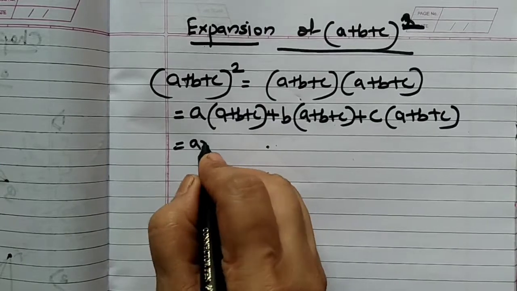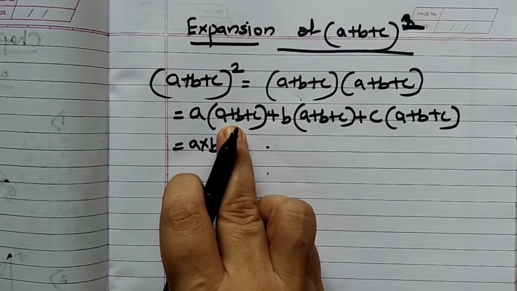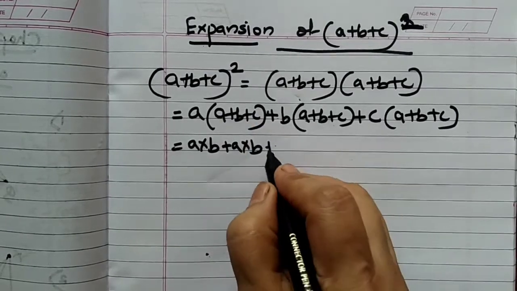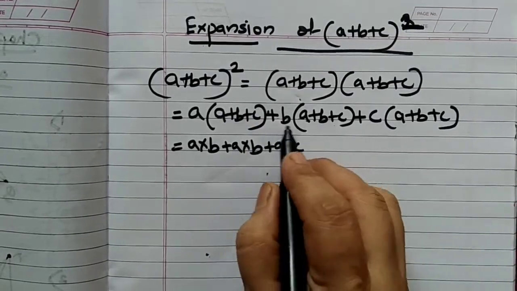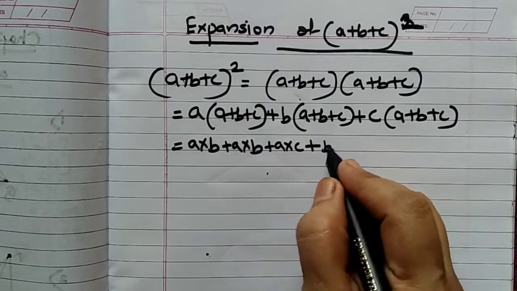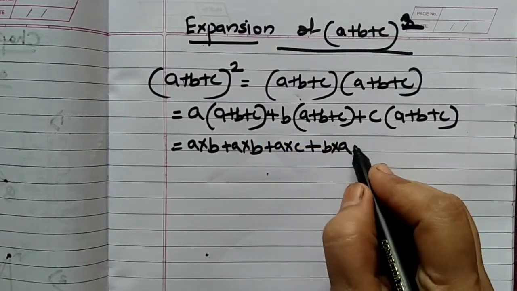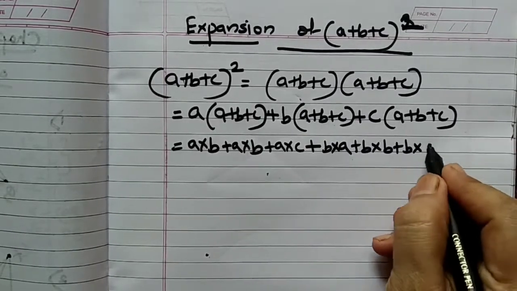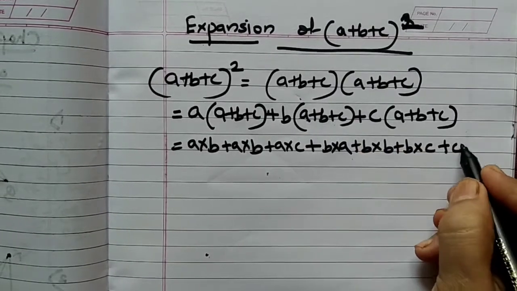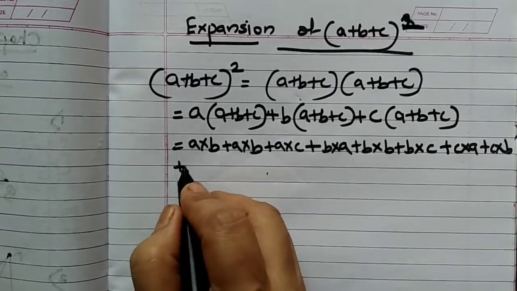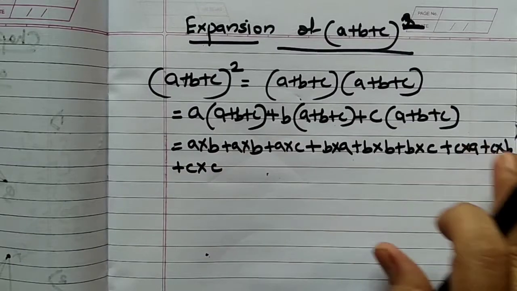This will be A into A. Then whatever sign is here you will put, plus A into B, again the same sign, A into C. Now here again we'll have plus B into A, we'll write it as it is, plus B into B, plus B into C. Then we'll have C into A plus C into B plus C into C.